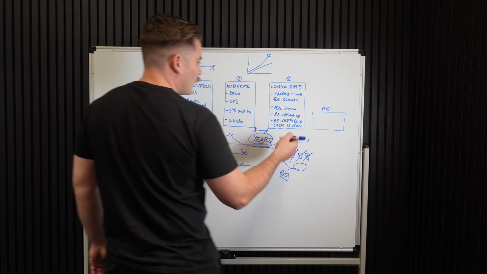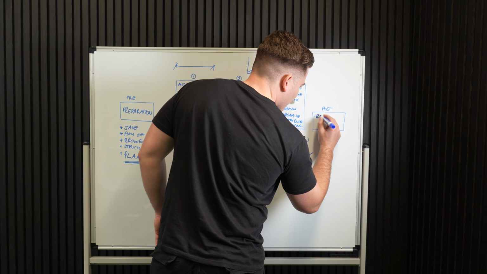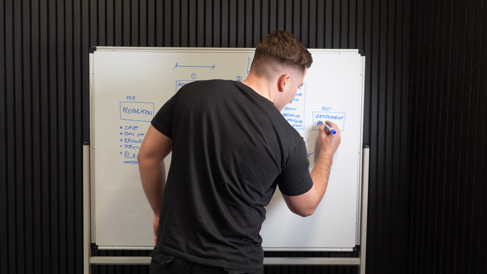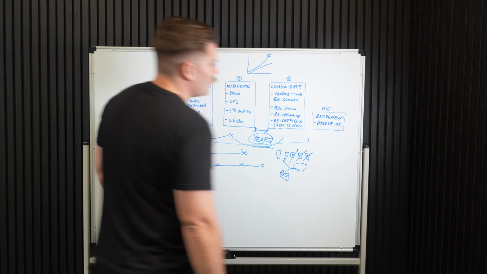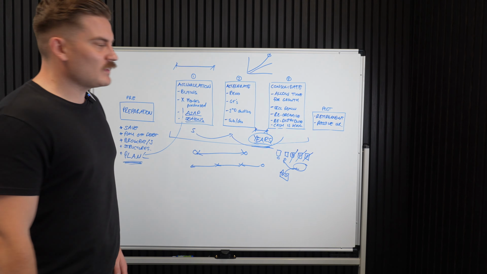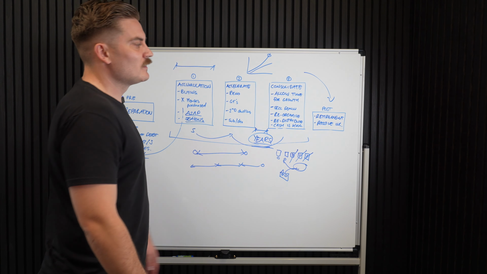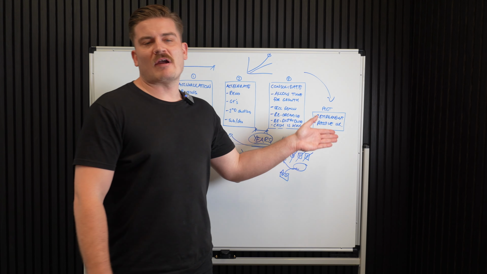The fourth and final stage is your retirement slash passive income. So we've consolidated everything. I now can go into my retirement slash my passive income. To me, it depends on your age here.